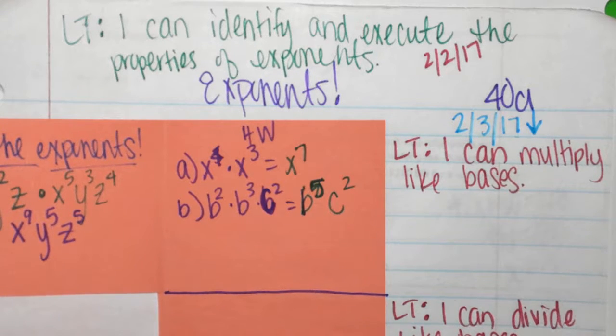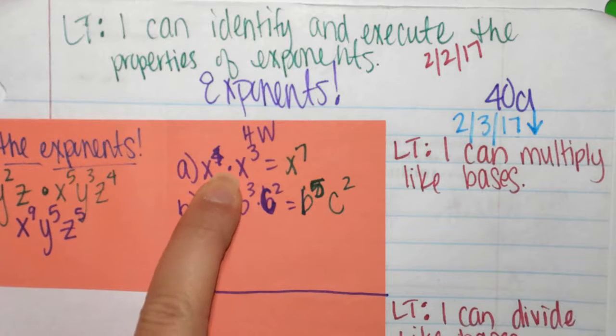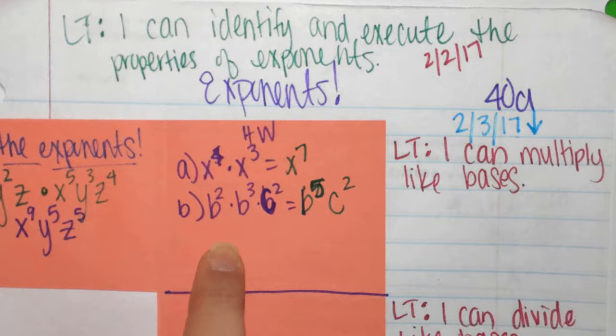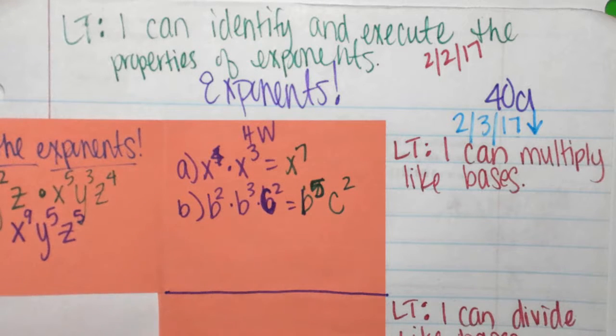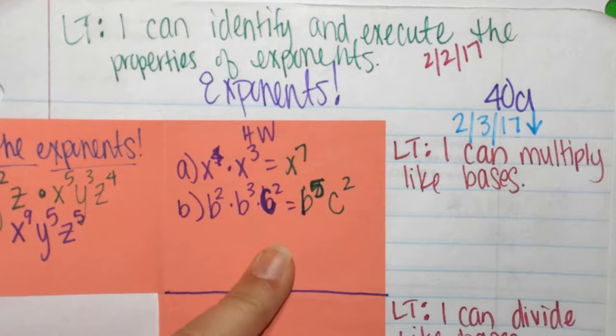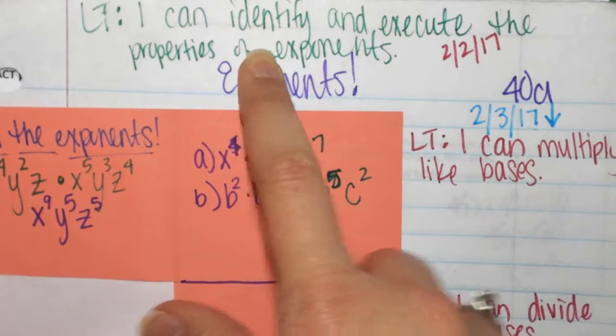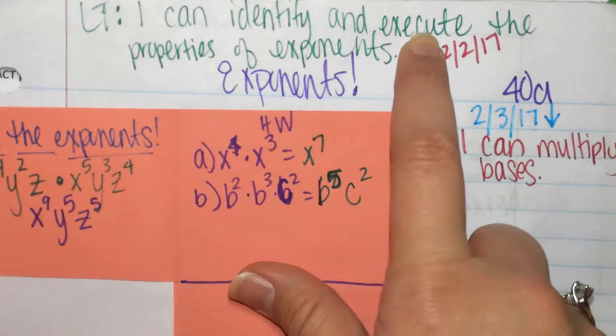Yeah. So if I gave you a problem that looked like this, would you divide those? No. If I gave you a problem that had a fraction, would you multiply those? No. So you have to be able to figure out what to do when. Execute means you would actually simplify, correct? So first we're going to be able to figure out what to do when, and then we're going to be able to actually do it.